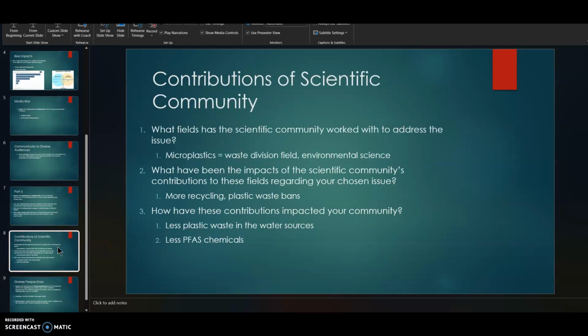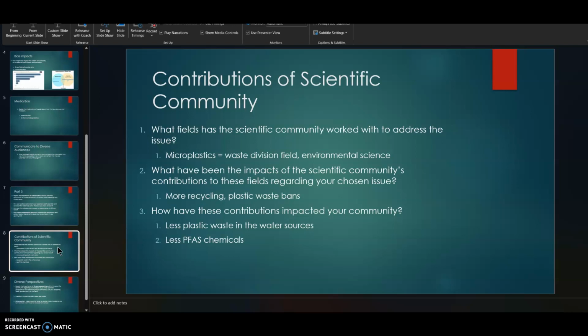The next part is looking at contributions of the scientific community. What different fields has the scientific community worked with to address the issue? If we take the issue of microplastics, the community had to work with the waste division people, the city trash people, environmental scientists, and policymakers in order to put forth a microplastic cleanup idea.